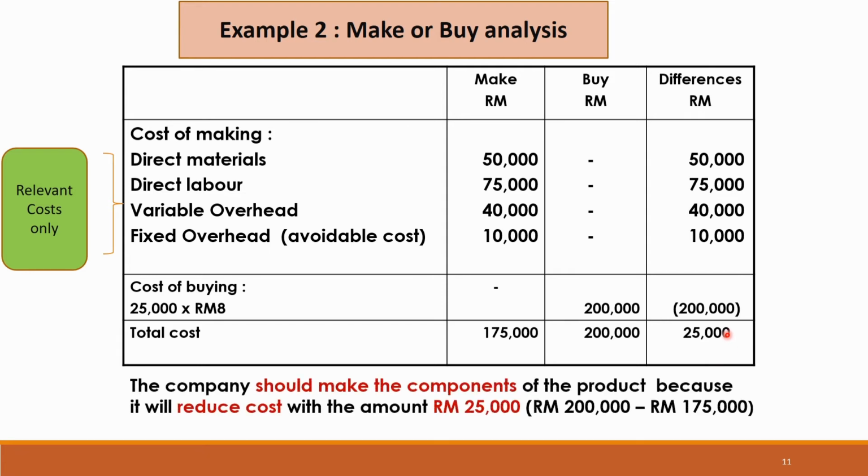So, the company should make the components of the product because it will reduce cost by the amount of RM25,000. How do you get that amount? That is the difference between the cost of buying, 200,000, less the cost of making, 175,000.